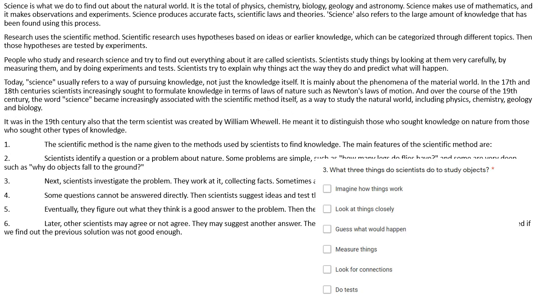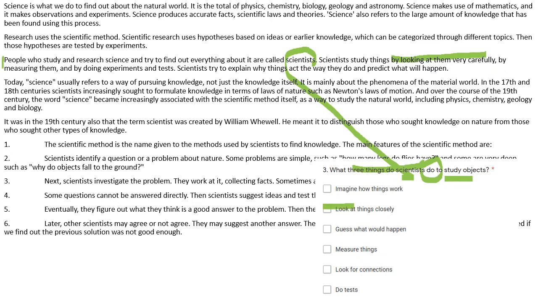What 3 things do scientists do to study objects? Let's look at this third paragraph. People who study and research science and try to find out everything about it are called scientists. Okay, so we have the word scientist, and it matches the word scientist here. Scientists study things by looking at them very carefully.